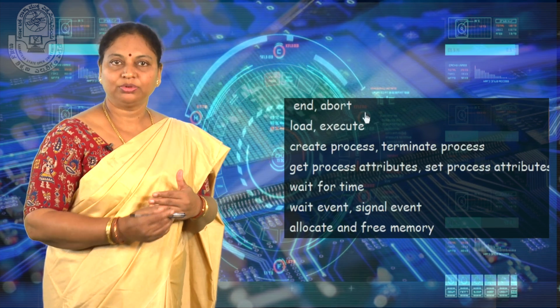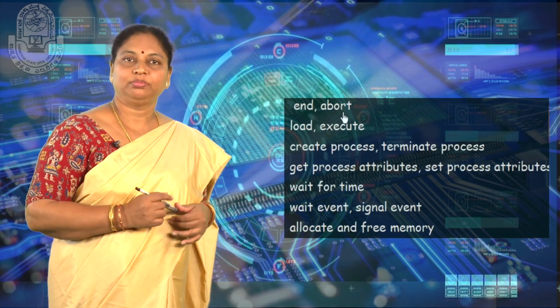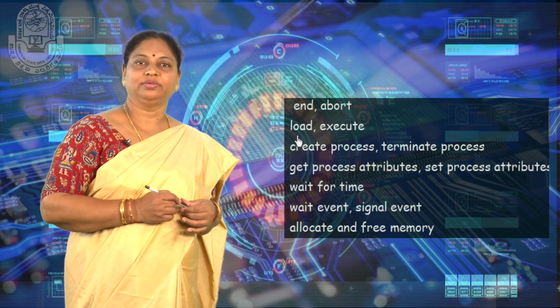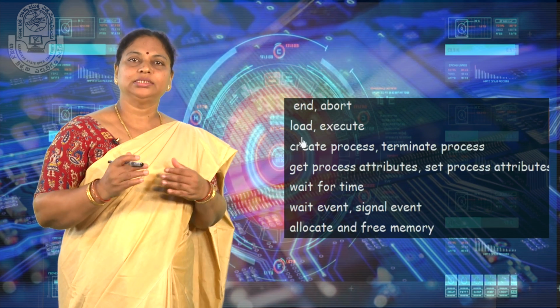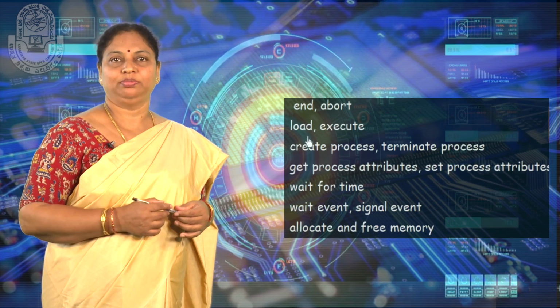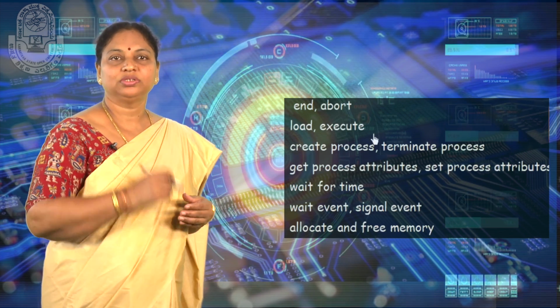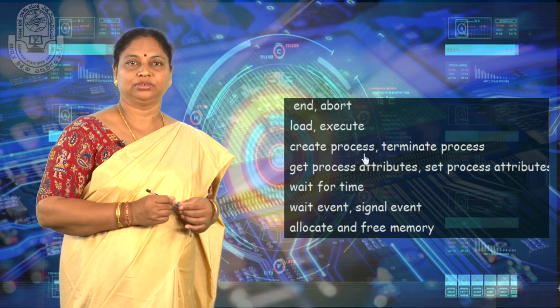So to get the process attributes, the get process attributes system call will be generated. And say we want to reset the attributes, then for that we have set process attributes.